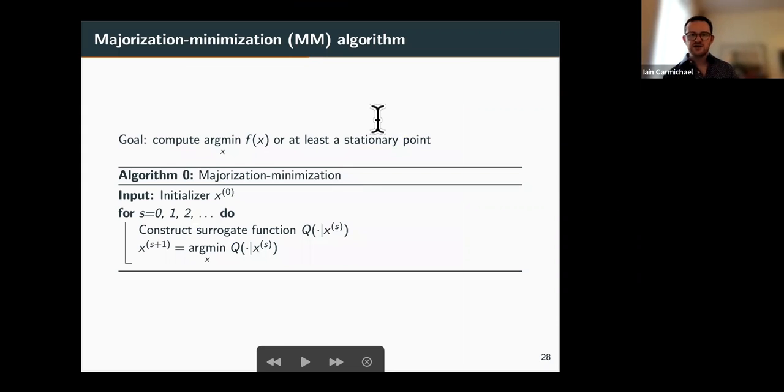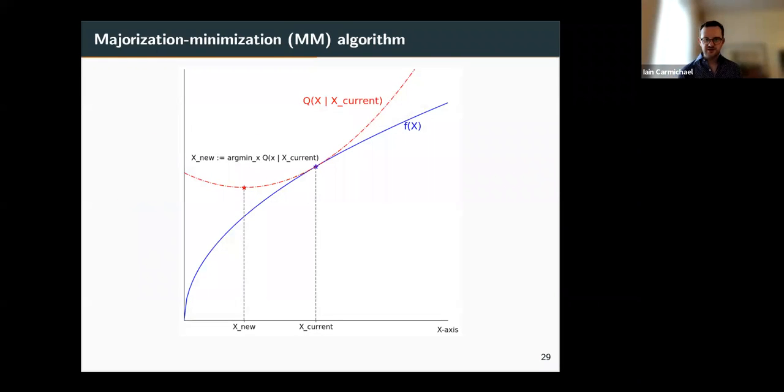Given our surrogate function, we're just going to minimize the surrogate function, and that's how we're going to update our parameters. In other words, an MM algorithm takes some initial value, constructs the surrogate, and then minimizes the surrogate to get the updated value. It just repeats until you converge on a stationary point or something. So here's the picture.